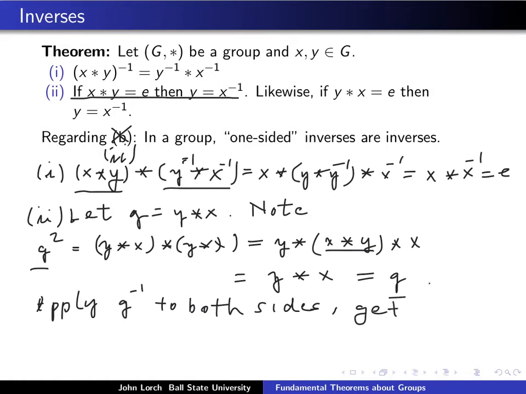Well, on the left, we would get just G, and on the right, we would get E. And that is what we wanted to show, right? We wanted to show that this Y times X was equal to E, and we did manage to do that.